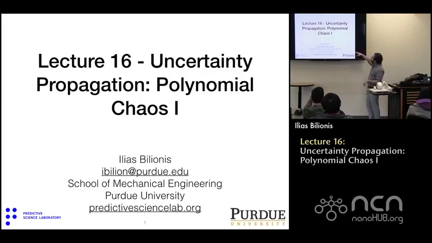Anyway, polynomial chaos is based on the idea that you take your model, your physical model, and you expand it in a polynomial basis. Okay. Now, how do you do that? There are two ways to do that. You can either evaluate your model at a finite number of times. You can see x and y's and try to come up with a polynomial expansion based on examples of inputs and outputs of your model.